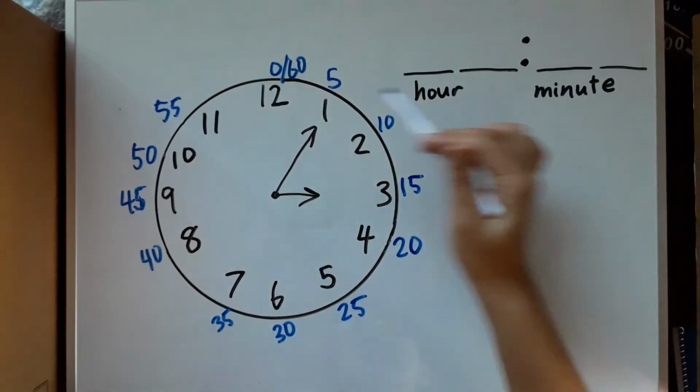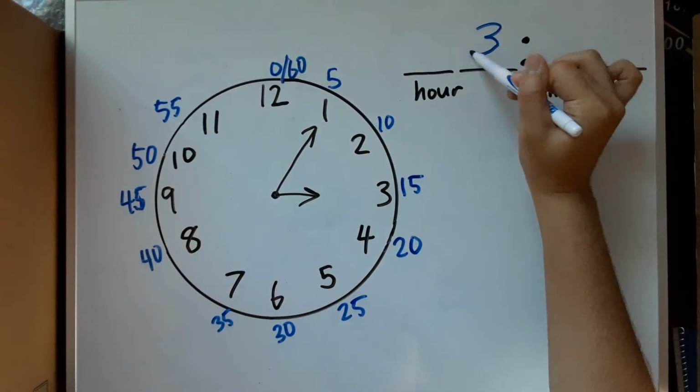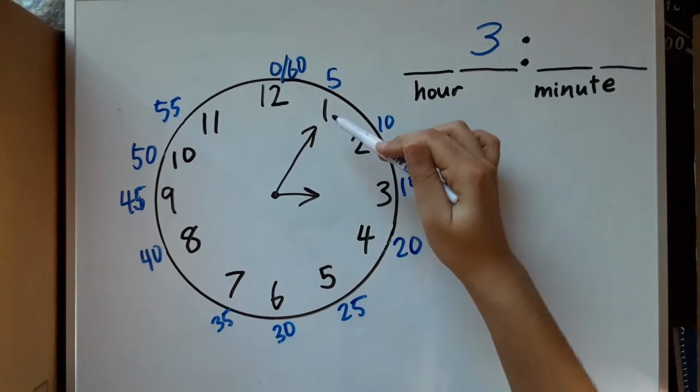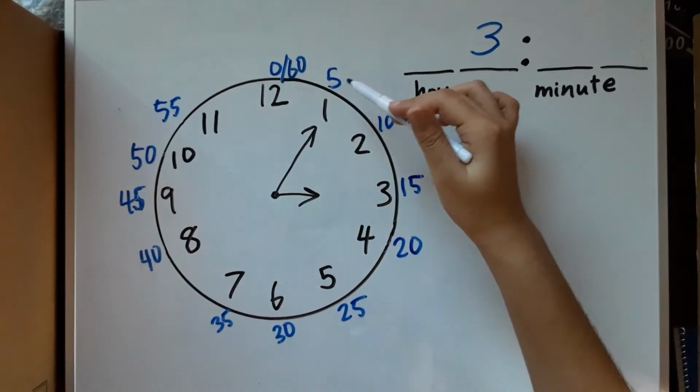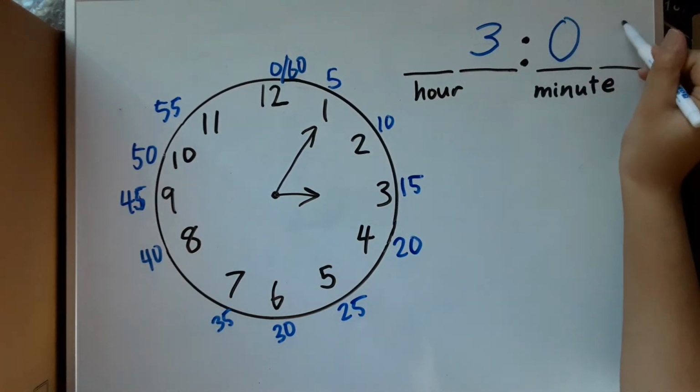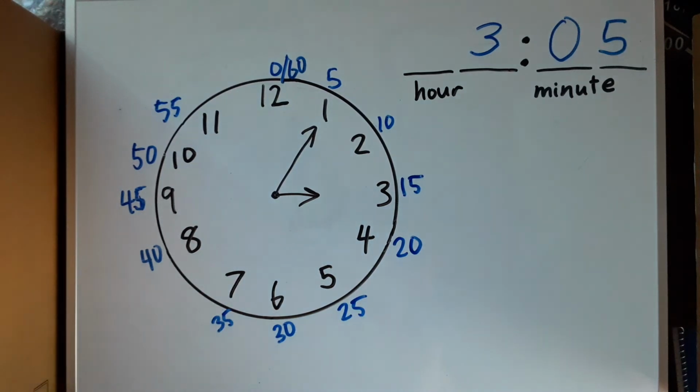So, we know this time has 3 hours. For minutes, we can see that the longer arrow is pointed at the 1, which means 5 minutes. So, we would write 0, 5. This time would be read as 3:05.